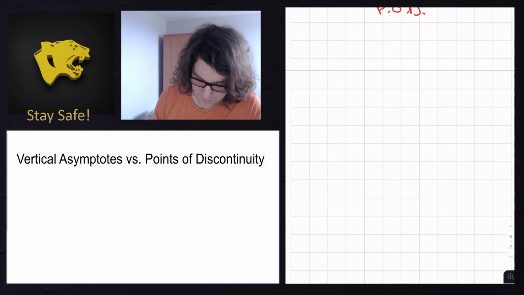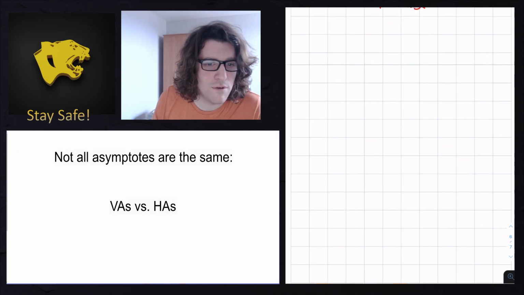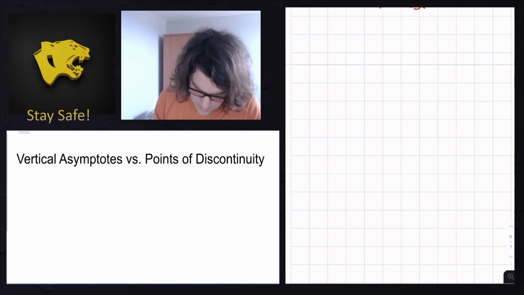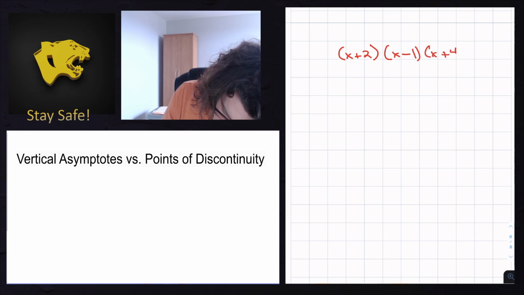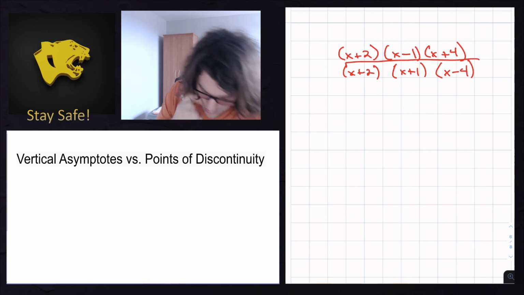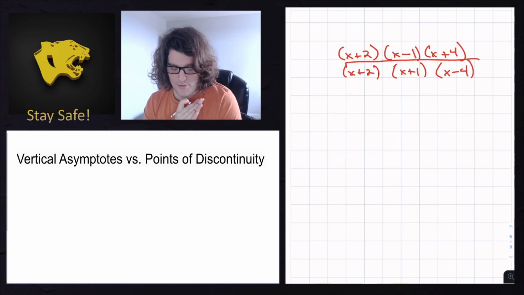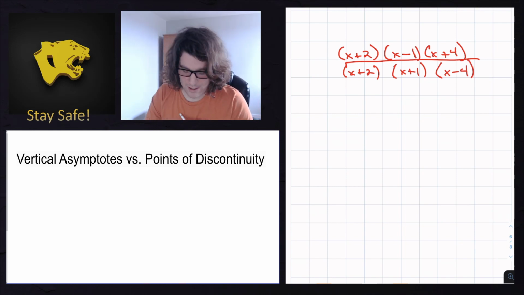So as kind of a demo, let's see if I actually have one here. No. So if I were to have a really nicely already factored version of a rational function, so if I have this, okay, 3 factors over 3 factors.